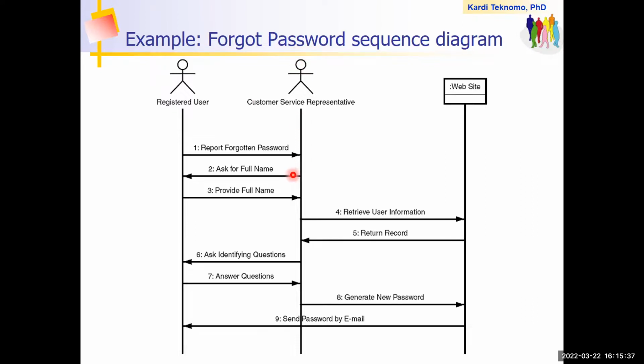And then the customer service representative will ask the full name, okay? And then the registered user will provide the full name to the customer representative. And then the customer representative will retrieve user information and so on. So these are the sequence.